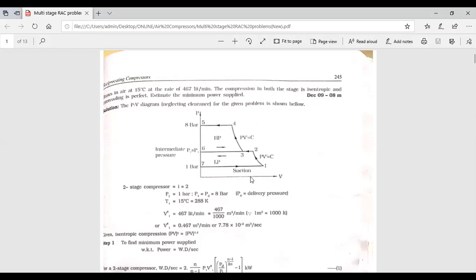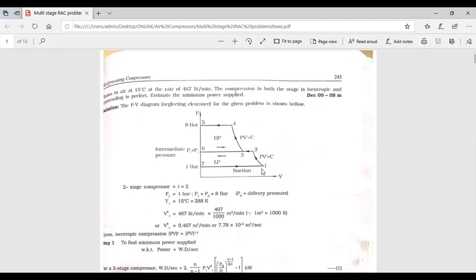Now we know P1, that is 1 bar. P2 we calculated using the formula square root of P1 into P4. So using that formula, you can find T2.